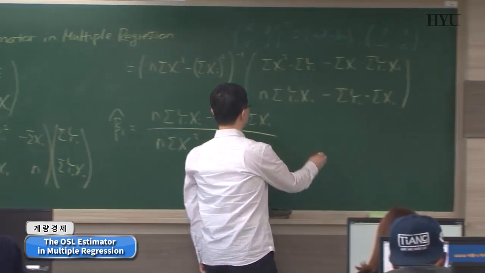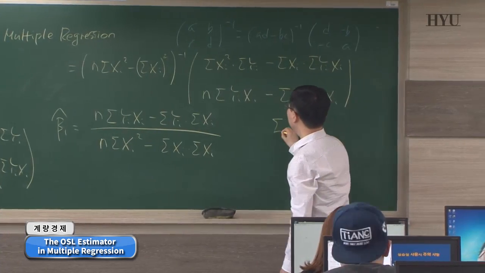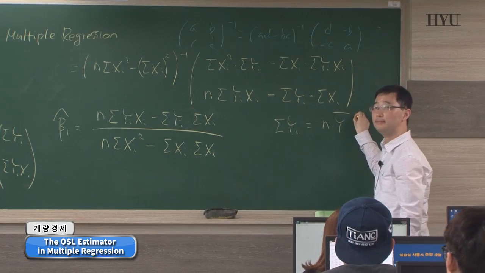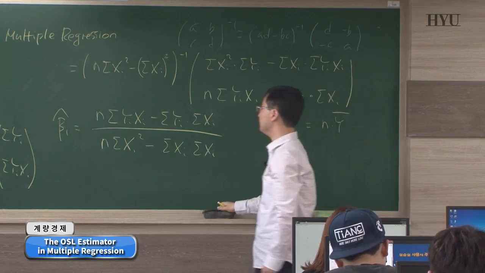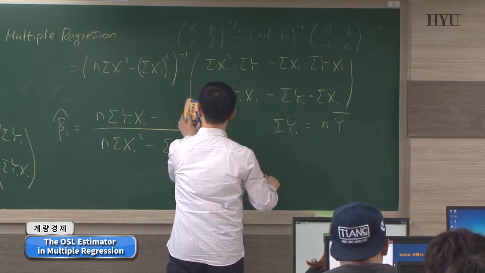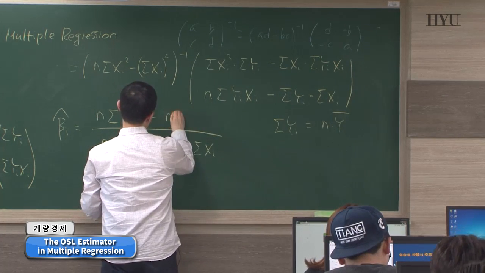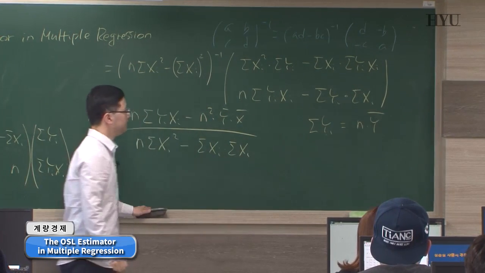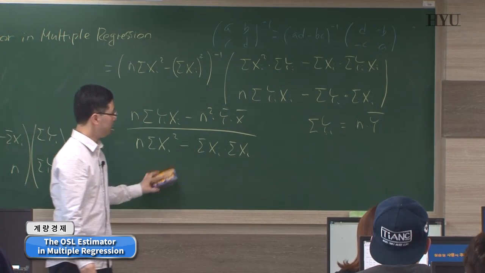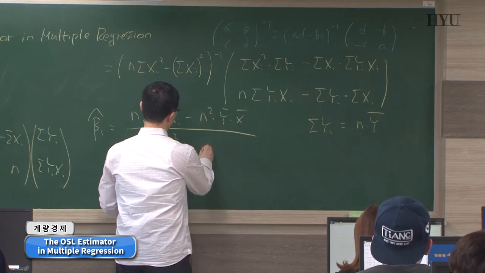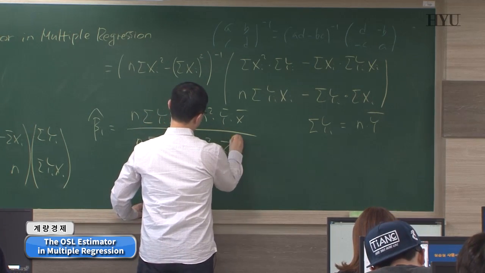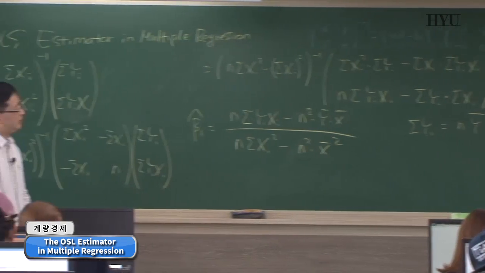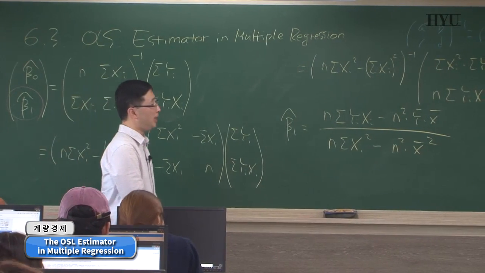Do you remember that the summation of yi is n times y bar? Same for xi. So this is going to be n squared times y bar times x bar. And same for this part, right? Now let's divide everything by n.